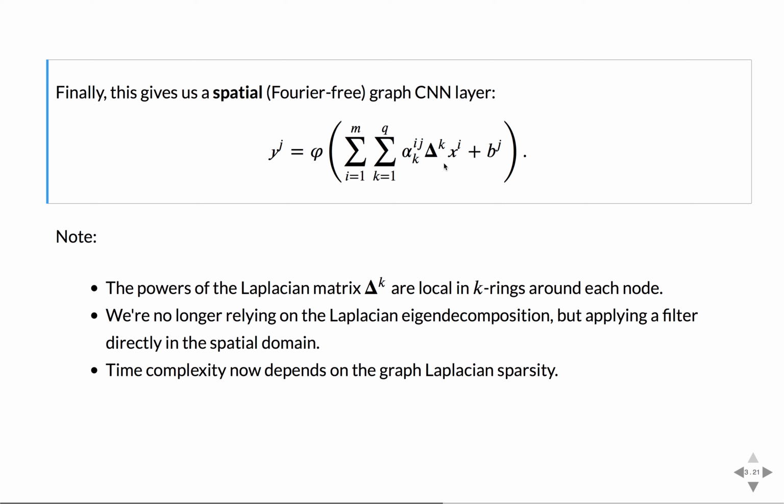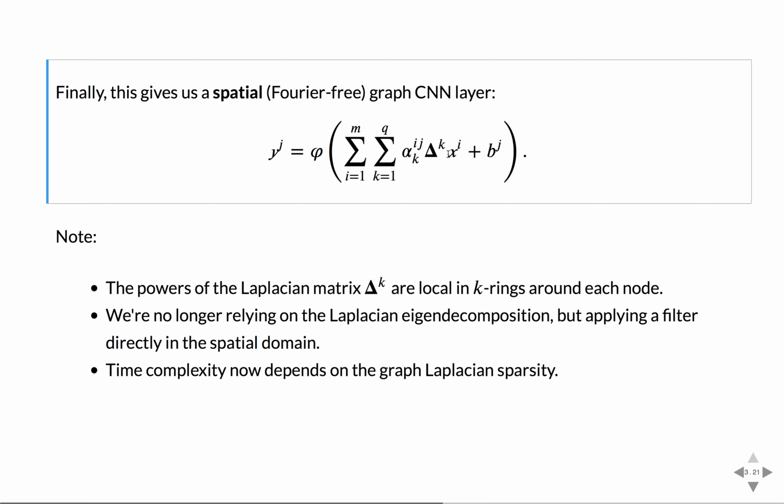First of all, it's spatial. We don't have this inverse and forward Fourier transform, and we don't have to compute the Laplacian decomposition. There is some meaning to the kth power of the Laplacian, because it's a local operation. Since the Laplacian does a weighted difference between a specific node and its neighbors, the kth power is just looking at larger and larger k rings around the nodes.